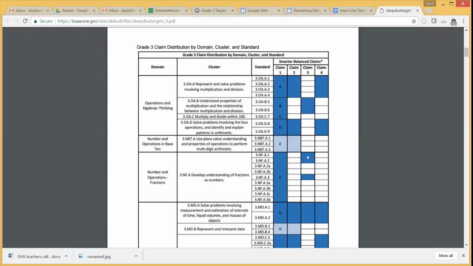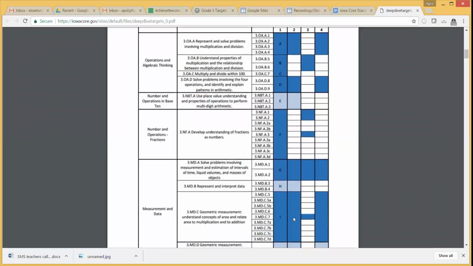Oops, sorry, I was in this one here. I was hovering over claim 3. I didn't mean to be. I meant right here over problem solving, which is claim 2. So represent and solve problems. And then we come down here, solve problems again. And then this one, but not so much, right? Because this is a supporting cluster.